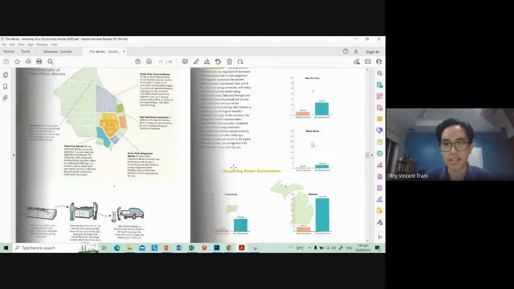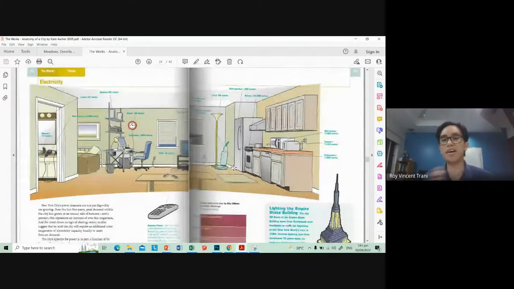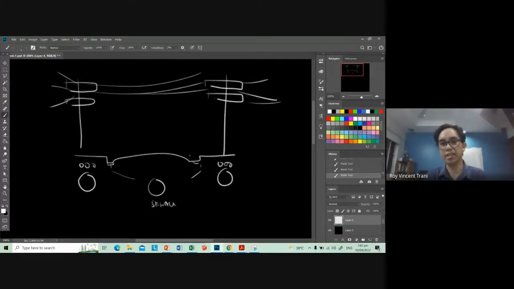Okay. Next is power consumption or electricity. So this one is, if we go back to my board here, you can't see this in the street, but this is more inside the residences. The things that urban designers can control is the location of these telephone poles.